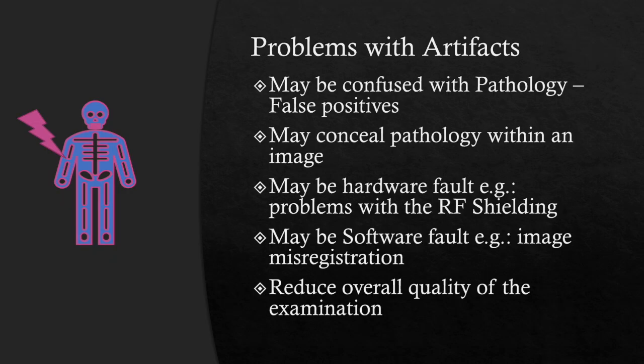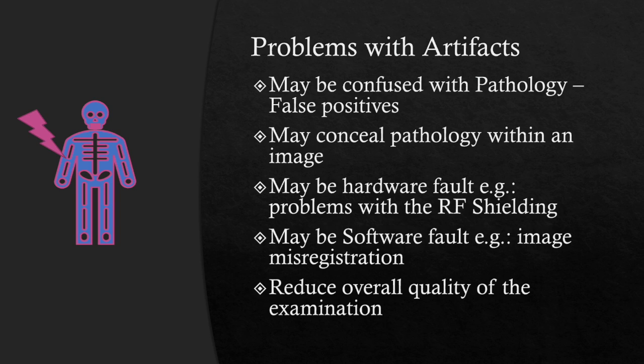So what is the problem with artefacts? Some of the main issues we can come across are that they can be confused with pathology and cause false positives. They can also conceal something underneath or behind the artefact and could cause a wrong report.